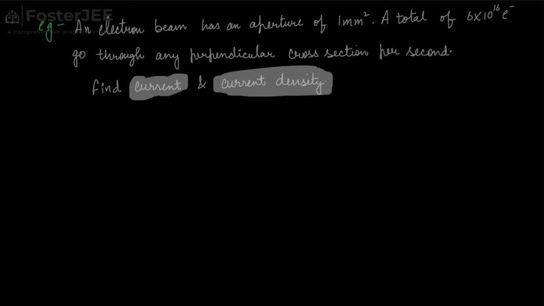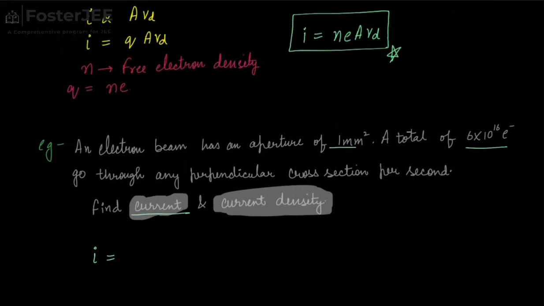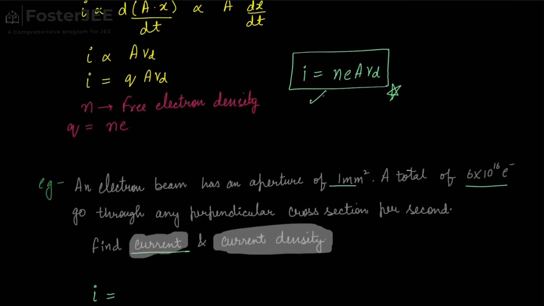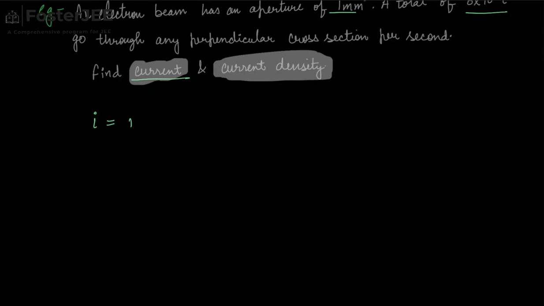First of all, we have to think about a formula for current in which the aperture is being used, that is the cross-sectional area, and the number of electrons, that is the electron density. So we have just seen a formula that I equals n e A vd.